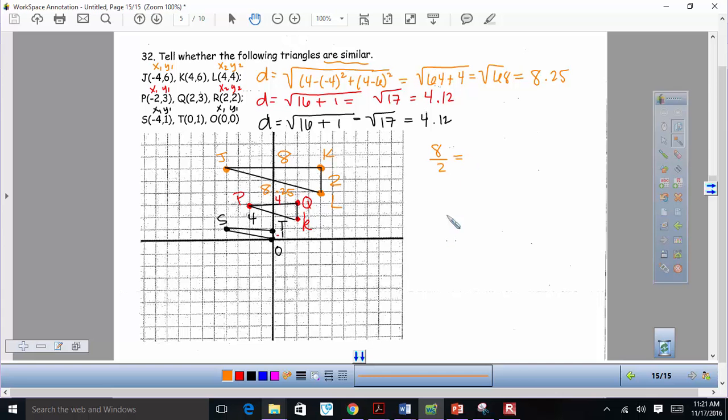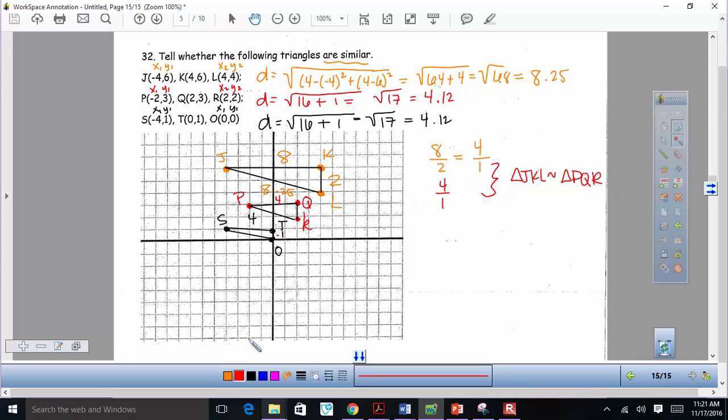What is that ratio? 4 to 1. Okay? What about the same side ratio of PQR? So let's see if those are similar. So this would be 4 to 1. Are these two similar? Yes, those are the same. So that means triangle JKL is similar to triangle PQR.